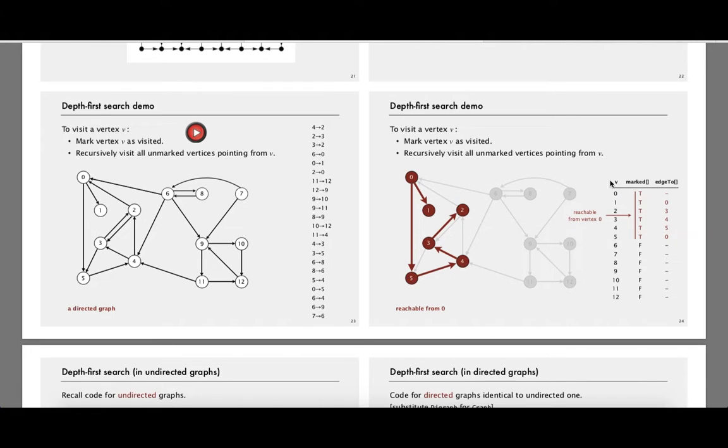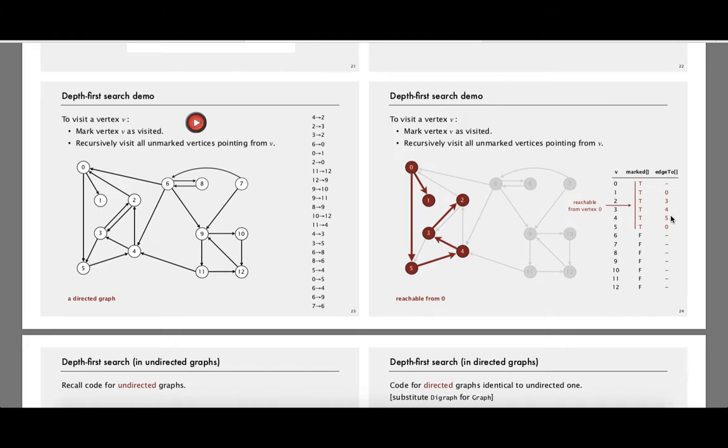We have a marked array and the edgeTo array. edgeTo means from which vertex it came. For example, for 5 it's 0, because we came to 5 from 0.